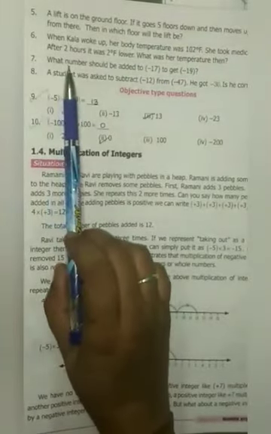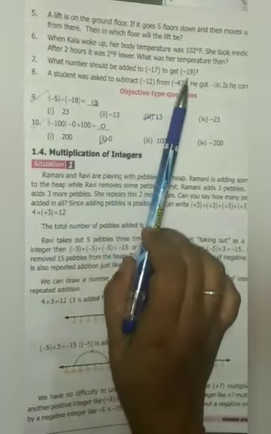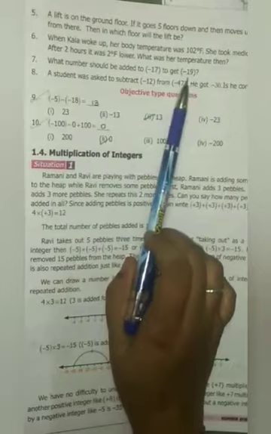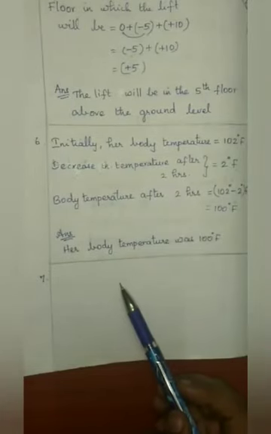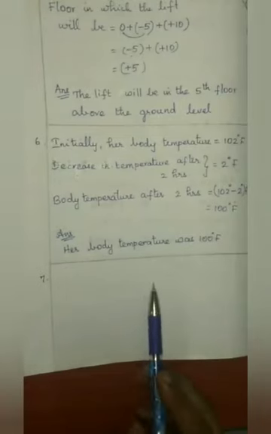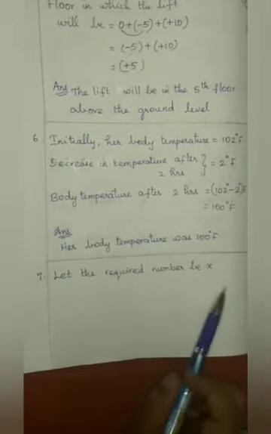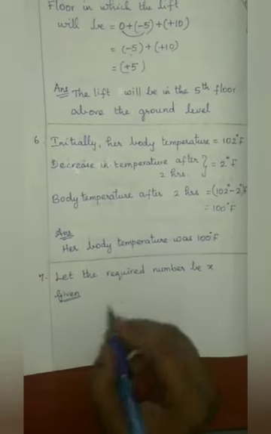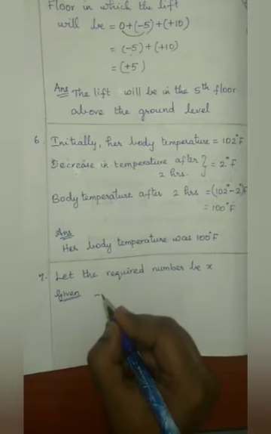Seventh problem, what number should be added to minus 17 to get minus 19? Let us assume the number which we have to find to be x. Let the required number be x. What is given in the problem? Some number is added to minus 17.